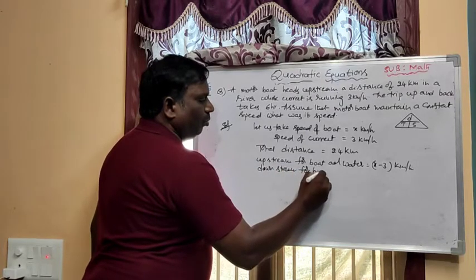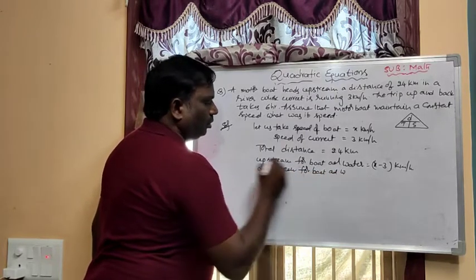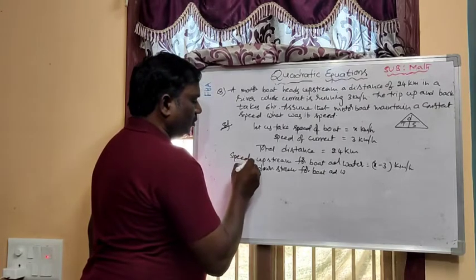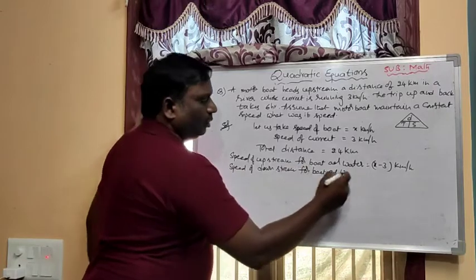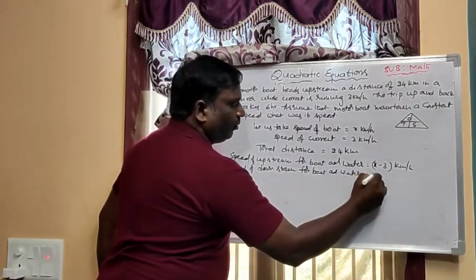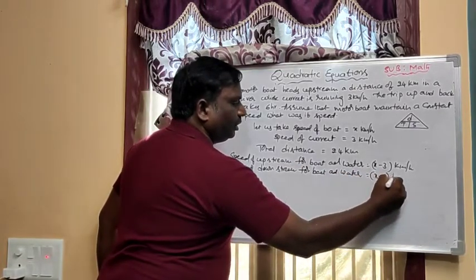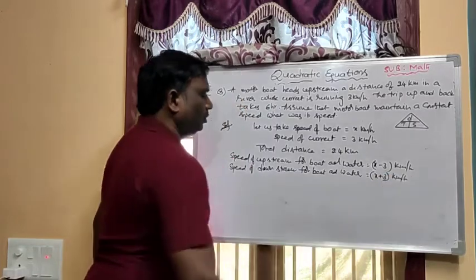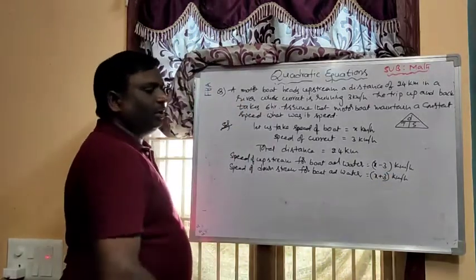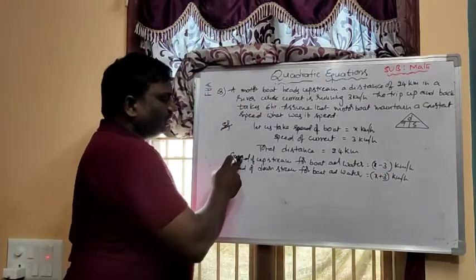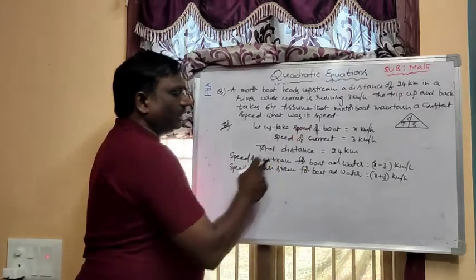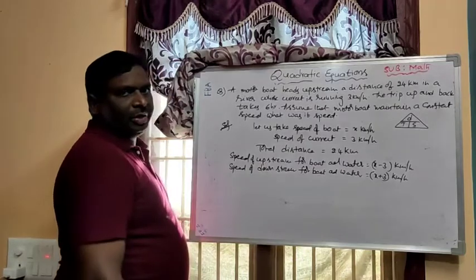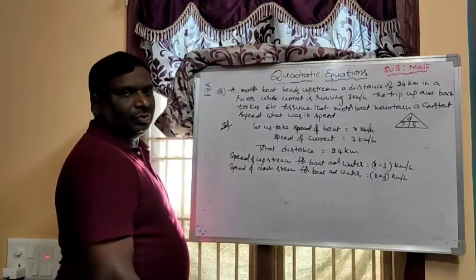Downstream, for boat and speed of water, that is equal to x plus 3 kilometer per hour. So this is the speed of upstream and the speed of downstream. And this is the boat speed, and total distance also they gave.